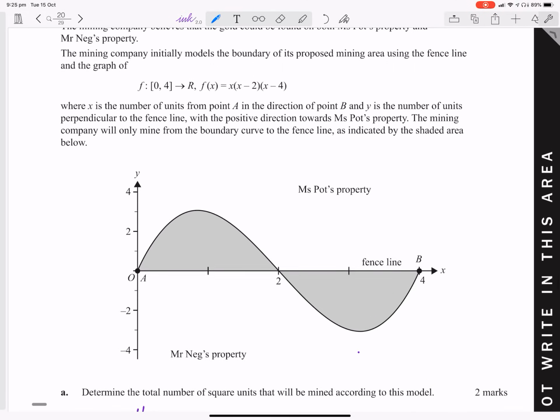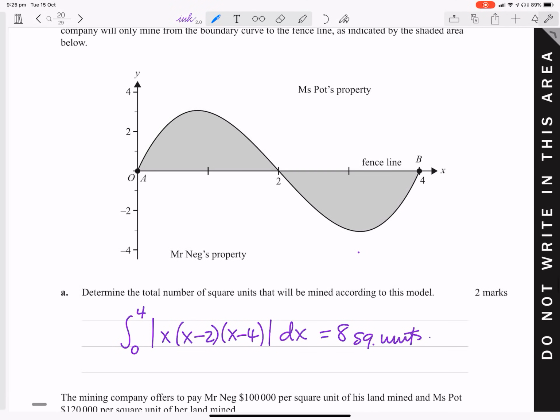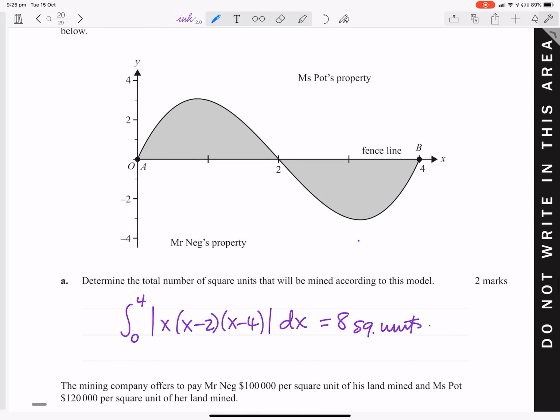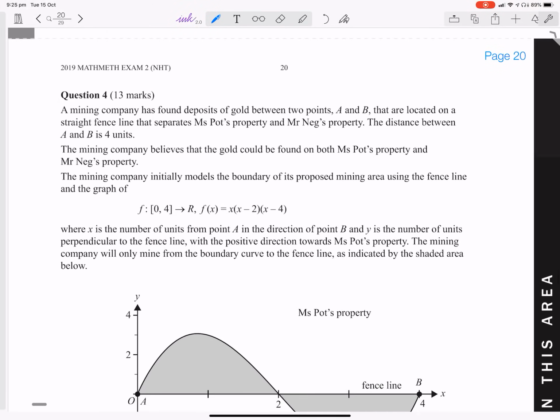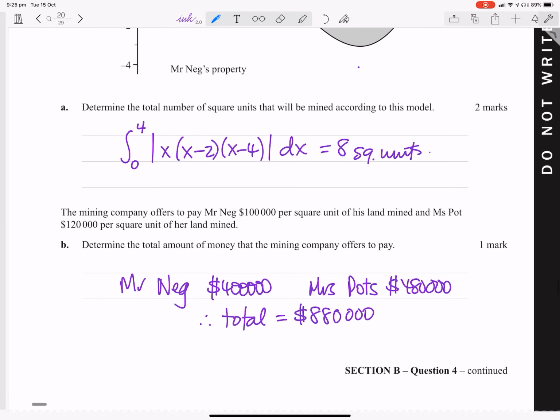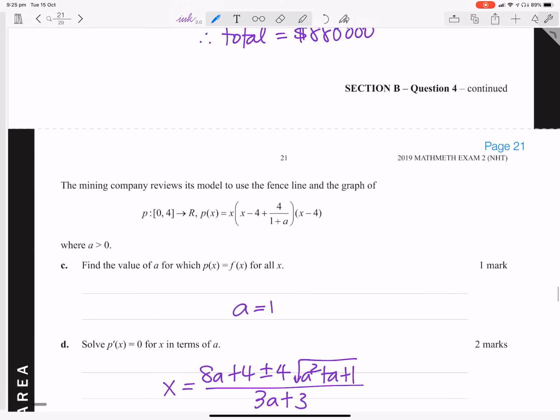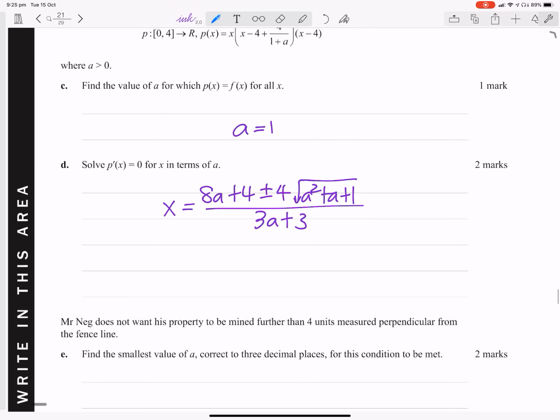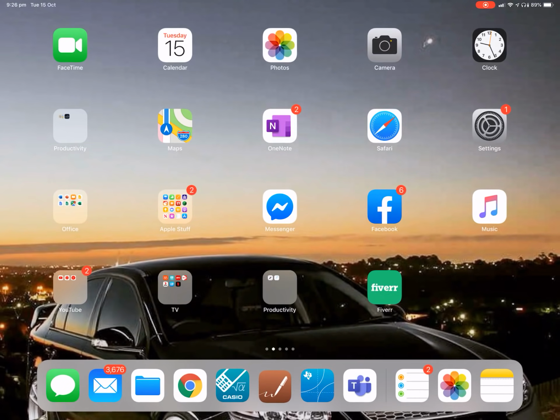Mr. Neg. So it's still that function. So that's P.